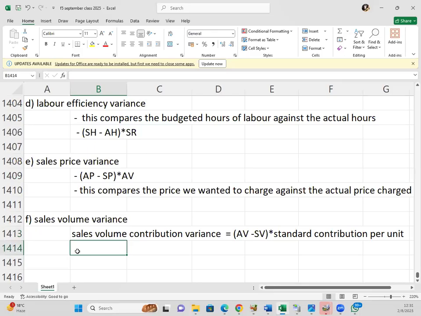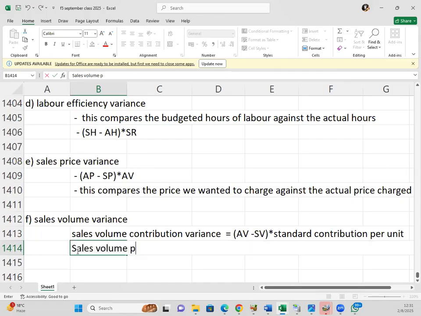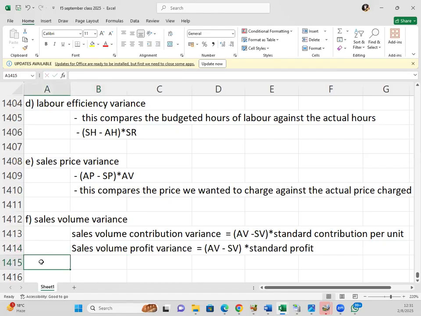Then we have the sales volume profit variance. It is the actual volume minus the standard volume times the standard profit. They can say that the company is using an absorption costing system.